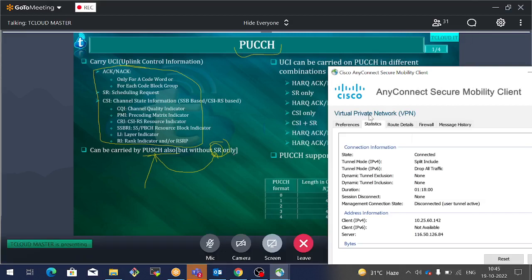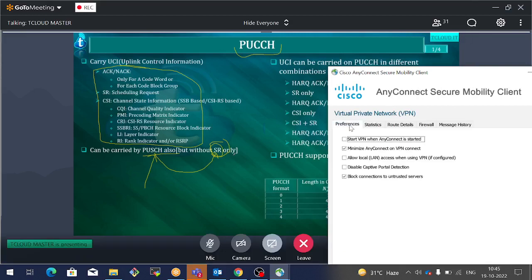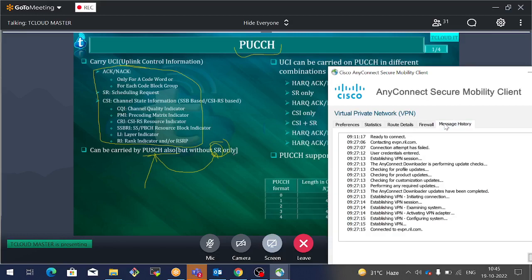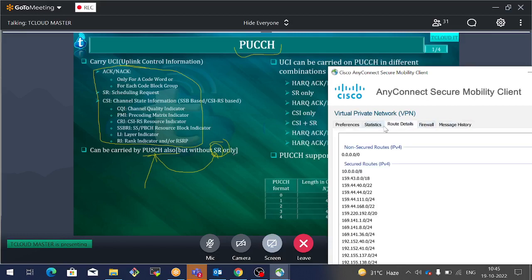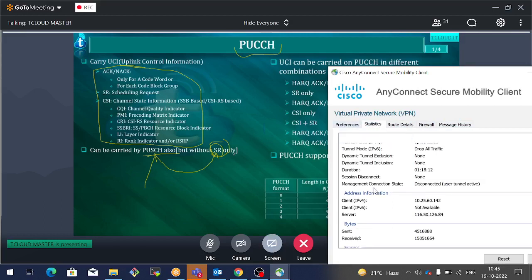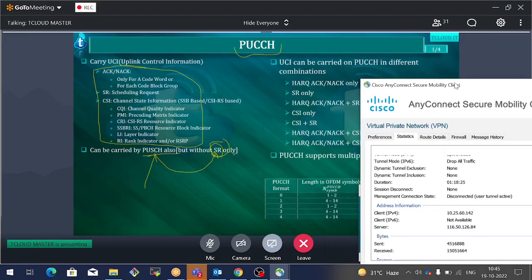You can send only HARQ ACK/NACK, only a scheduling request, HARQ ACK/NACK plus scheduling request, CSI only, CSI plus SR, HARQ ACK/NACK plus CSI, or HARQ ACK/NACK plus CSI plus SR. These are the combinations, depending on what was requested from the network and what the mobile would like to send.